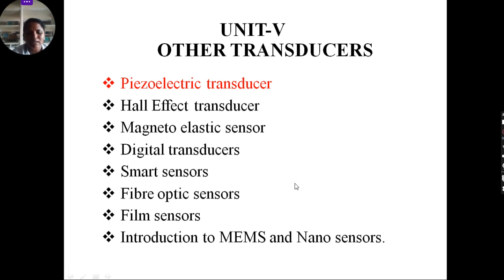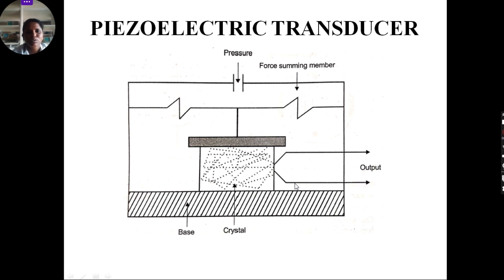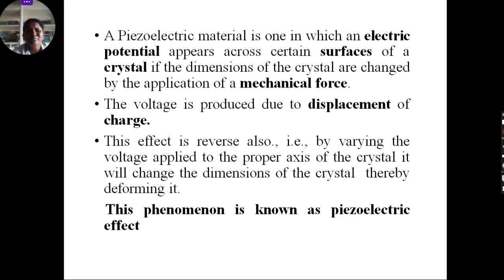We will discuss the piezoelectric transducer. In a piezoelectric transducer, pressure is applied to the force-summing member, so we get the output: the crystal vibrates and gives the output. The piezoelectric material is one in which an electric potential appears across certain surfaces of the crystal when its dimensions are changed by the application of mechanical forces.